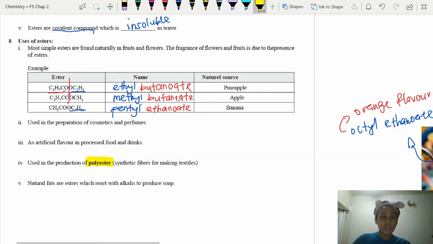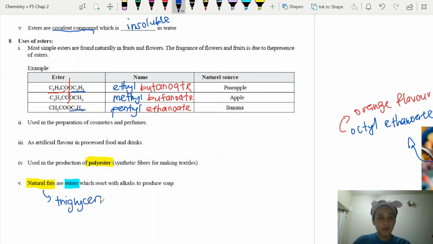Another thing you're going to learn later on is your fats. Basically your fats are actually esters. If you learn bio, fats are triglycerides, which are kind of esters. We use ester to produce soap. This one you'll learn in the next part.